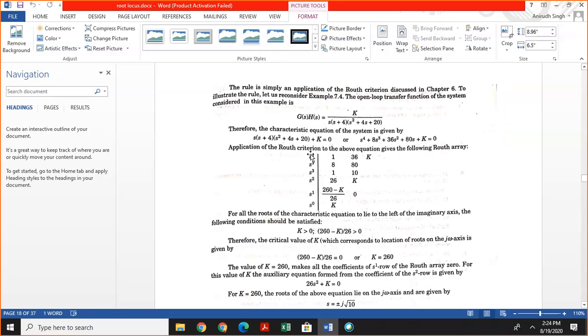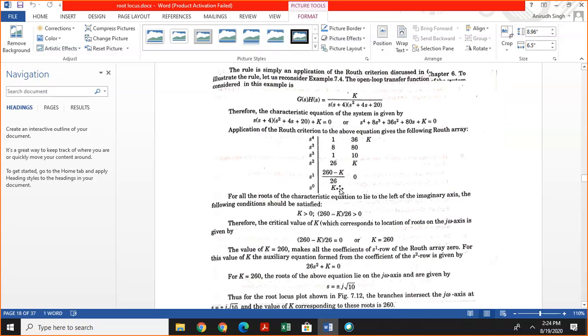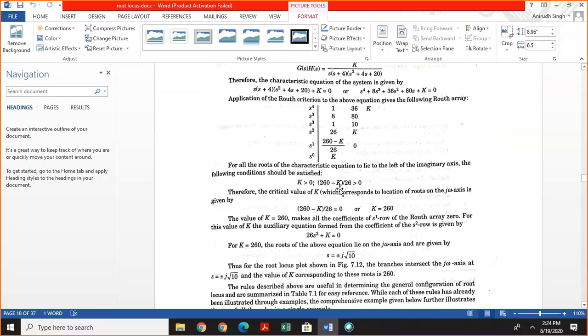Then form the Routh array. Routh array is given by this, and for calculating the intersection point of root locus with imaginary axis, this term and this term both should be positive. So K should be greater than 0, and this term should also be greater than 0.